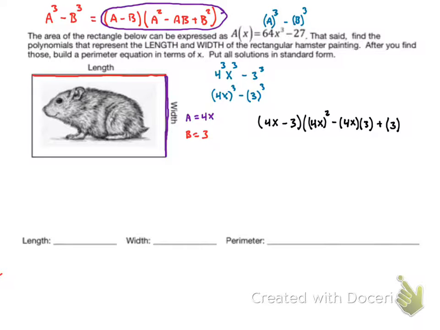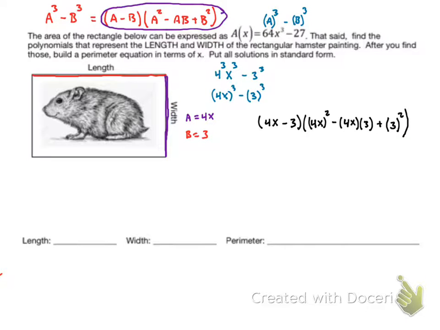B is 3, there's my squared. And we're going to close that parenthesis. If you notice on the right-hand side for this right-hand parenthesis, there's a ton of simplifying that we have to do, right? We can simplify 4x squared, we could simplify 4x times 3, and we can definitely simplify 3 squared. So let's simplify those out.